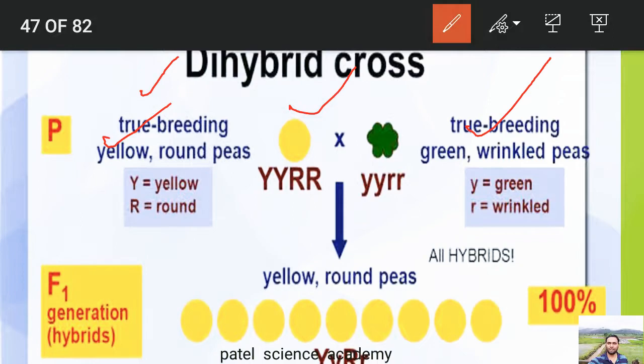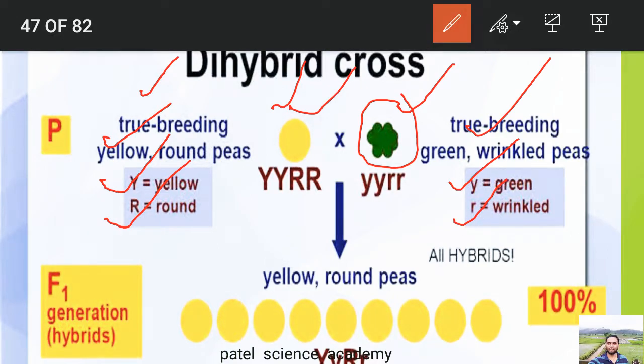Yellowness is indicated by capital Y and round shape by capital R, while the green color of the seed is indicated by small y and a wrinkled shape by small r.